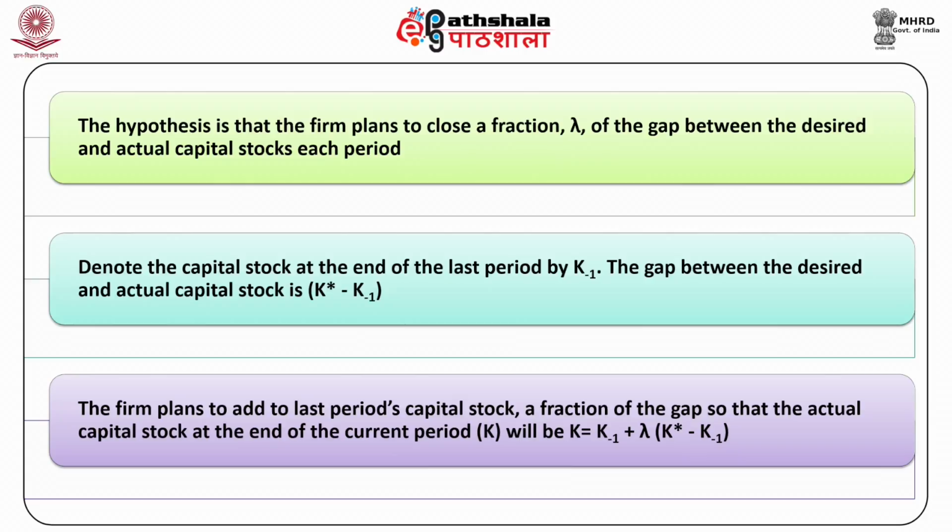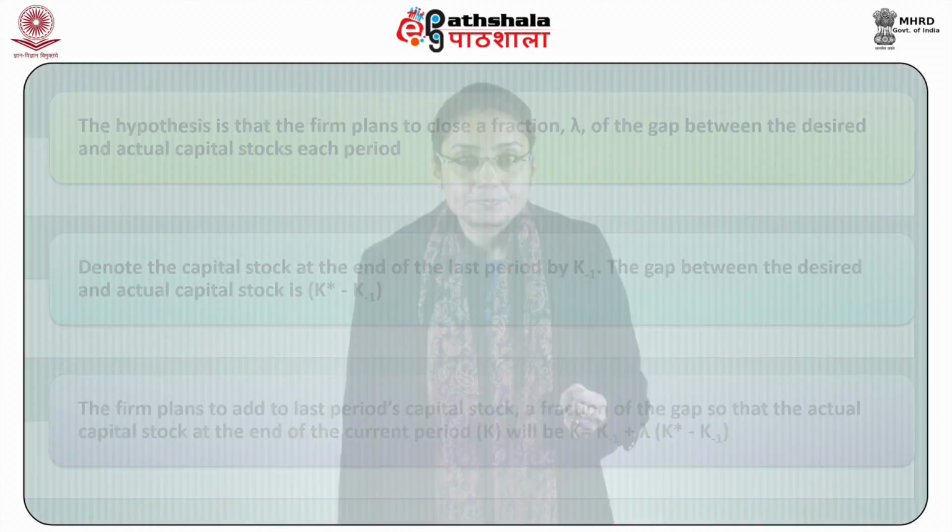The firm plans to add to the last period's capital stock a fraction of the gap, so that the actual capital stock at the end of the current period, K, will be K = K-1 + λ(K* − K-1). This is given as equation 6.